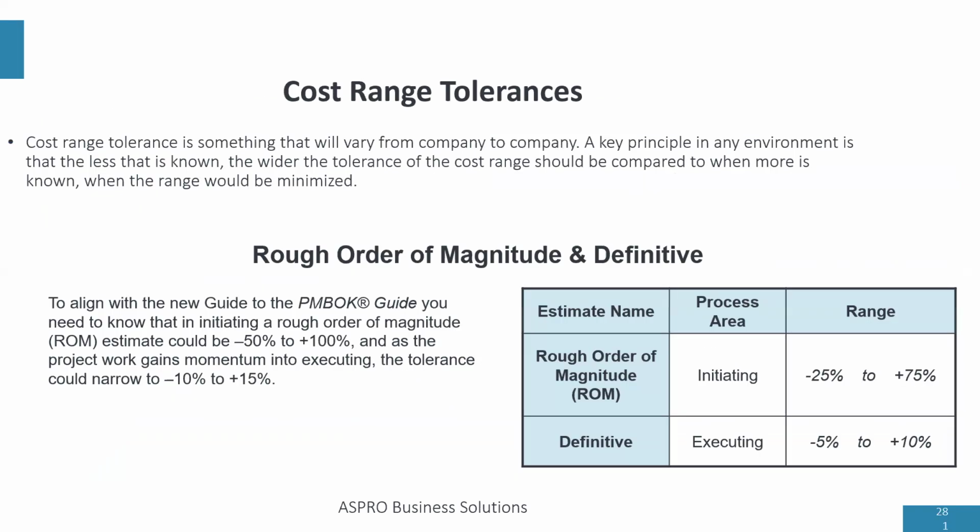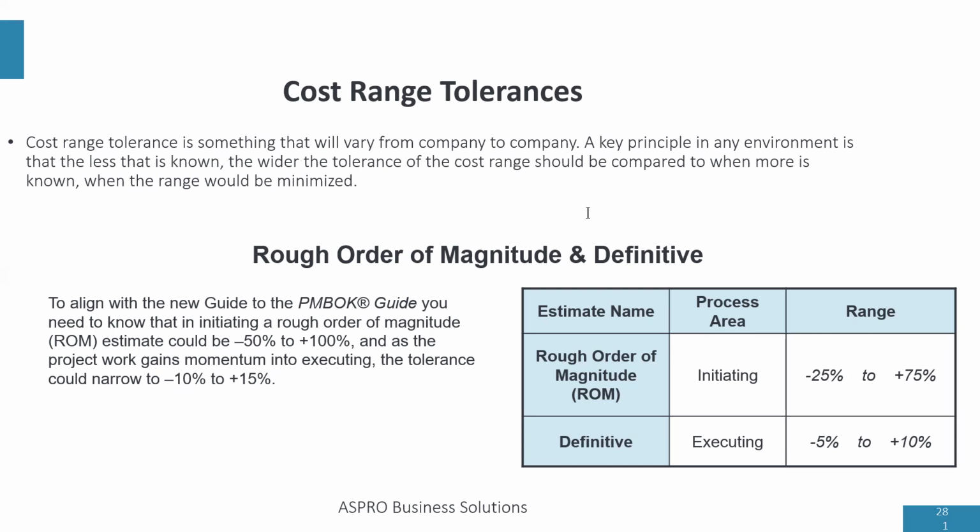So let's talk about estimates that can be made to serve as a guide in your project. When you're starting a project, the amount of uncertainty in the project is at its widest. As we've talked about in earlier classes, the risk and level of uncertainty are at their highest when you're starting.